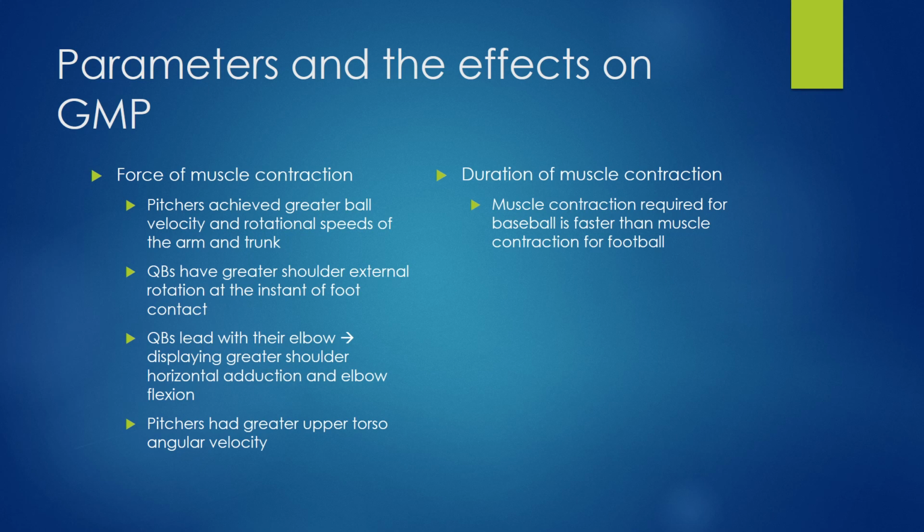Whereas football, when throwing, they have to be a little more patient. So depending on the options available during a route or a game, they might have to be in the cocking phase a little longer and then reset and start again. So that was the conclusion.